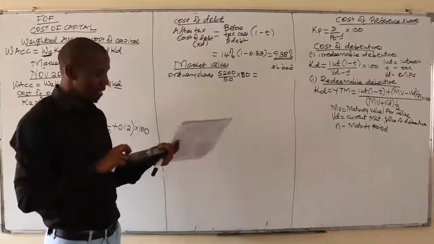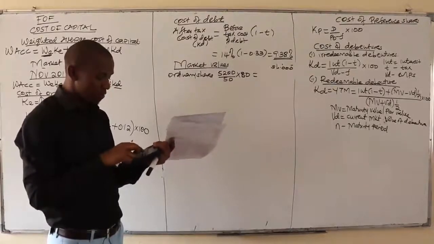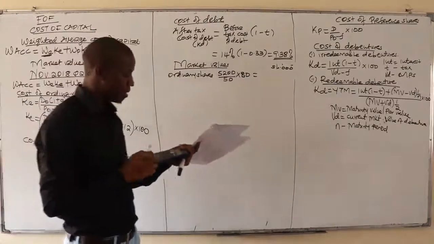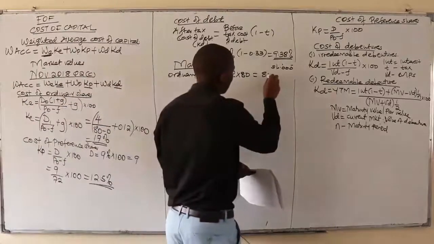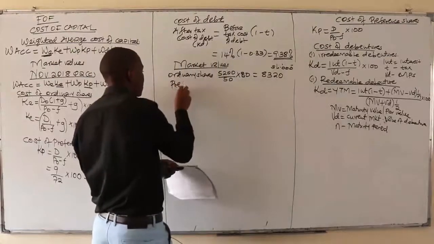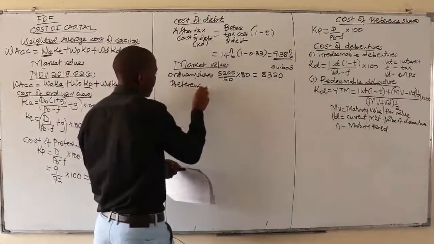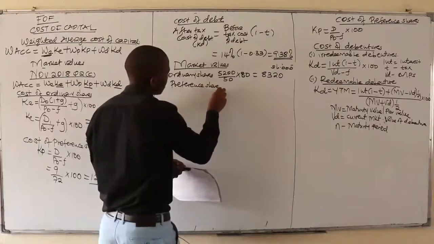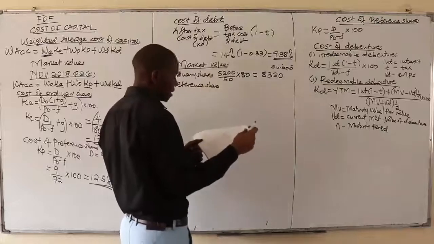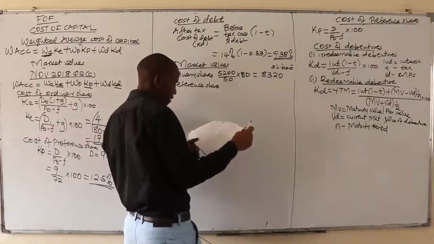You divide by 50, then you multiply by 80. That case is 83.20. Still, you do the same for the preference shares. And for the preference shares, it will also be given on the capital structure as 4,500.